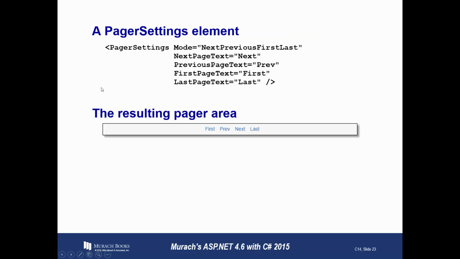So here's an example. Setting it like this. Again, next, prev for previous, first, and last. I don't believe the order in which you set these matters. But next, previous, first, last, so we've got next page text, previous page text, first page text, and last page text.